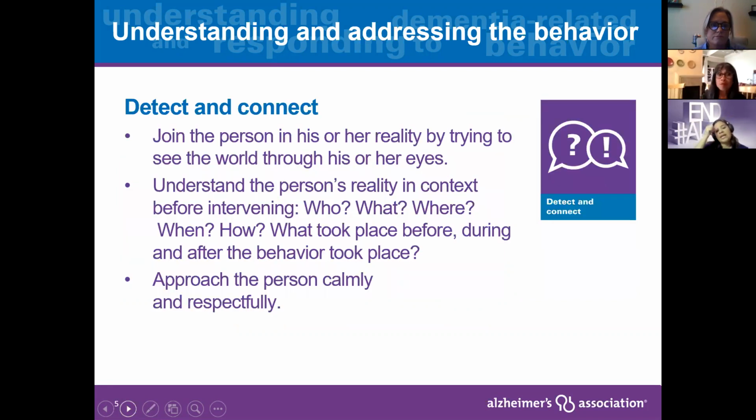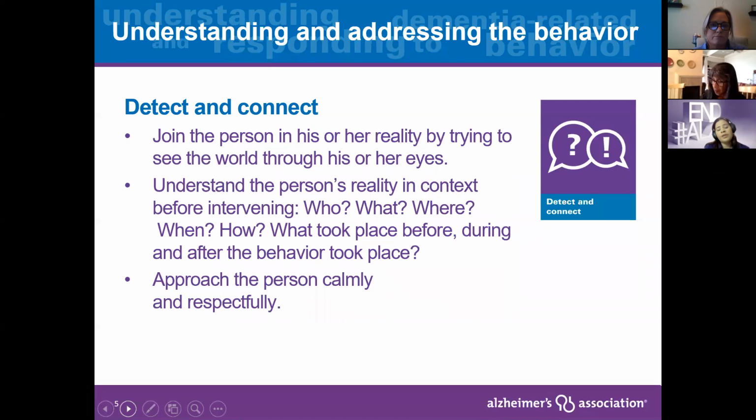So what is detect and connect? What do we talk about when we say that? Basically, we're just saying that we need to meet the person where they're at. So we join the person in his or her reality by trying to see the world through their eyes. We understand the person's reality and context before intervening, right? So we ask these questions: who, what, where, when, and how.